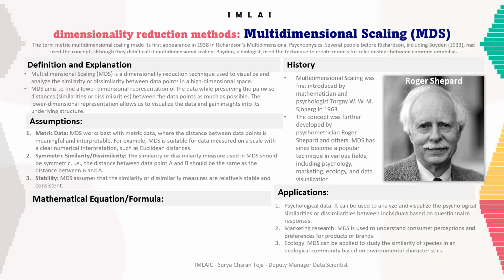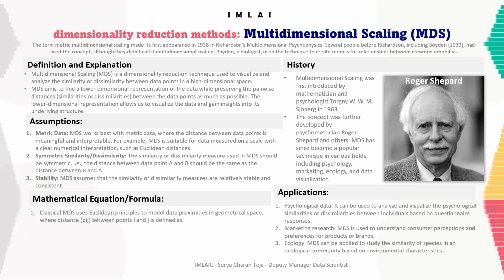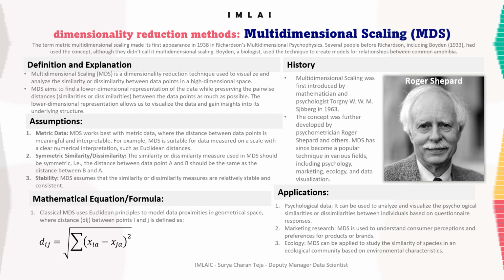So the important aspect, the main thing to be done before you apply multi-dimensional scaling, is the objective function. Classical MDS uses Euclidean principles to model data proximities in geometrical space, where the distance d sub ij between points i and j is defined as this: d sub ij is equal to the square root of the summation of (x sub ia minus x sub ja) whole squared.